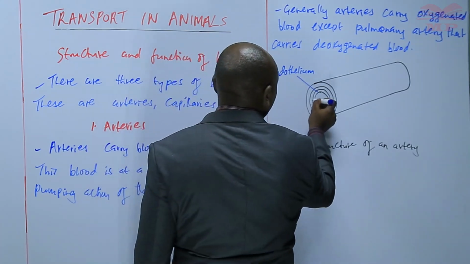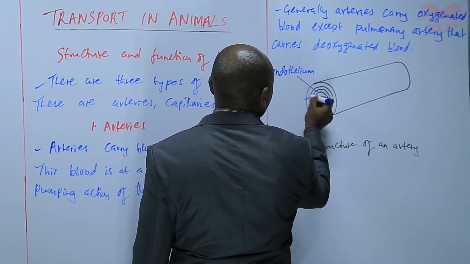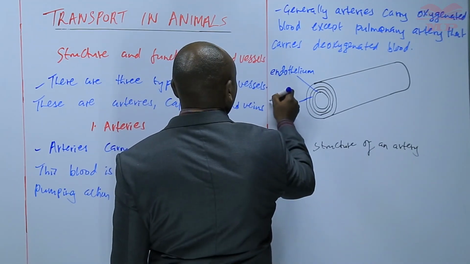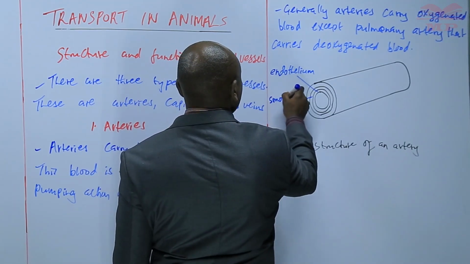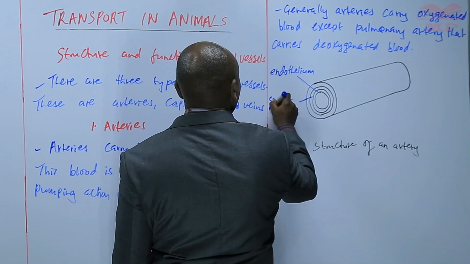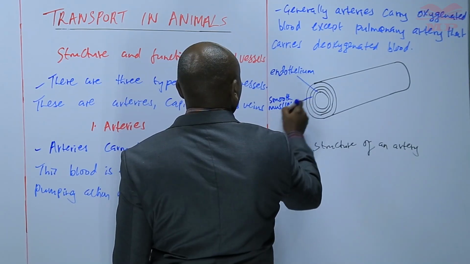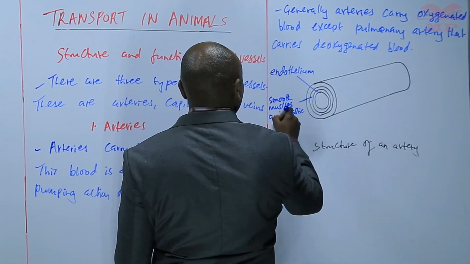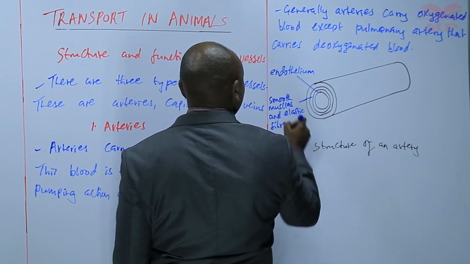Then we have another layer, that's the middle layer, and that is smooth muscles and elastic fibers. So that part is elastic.